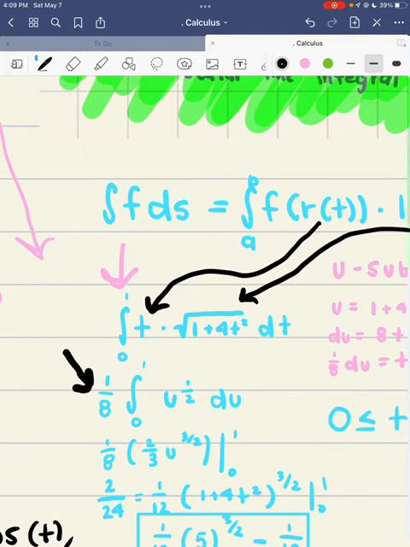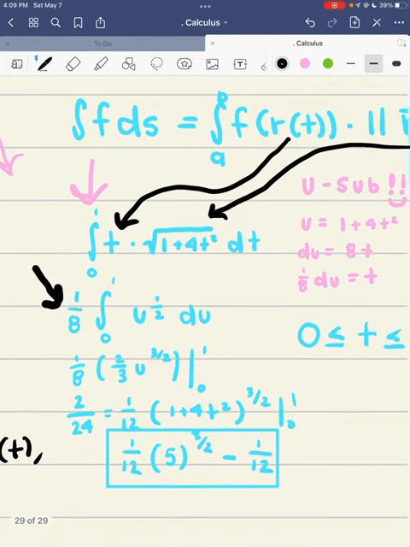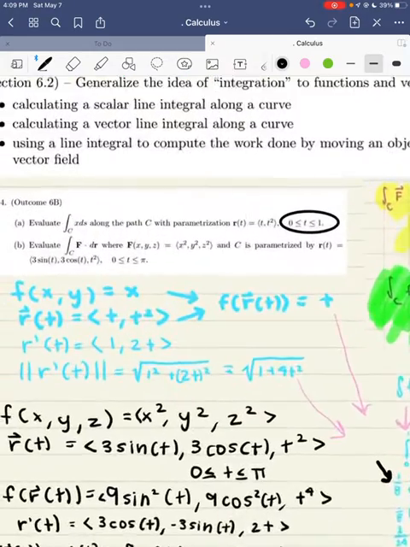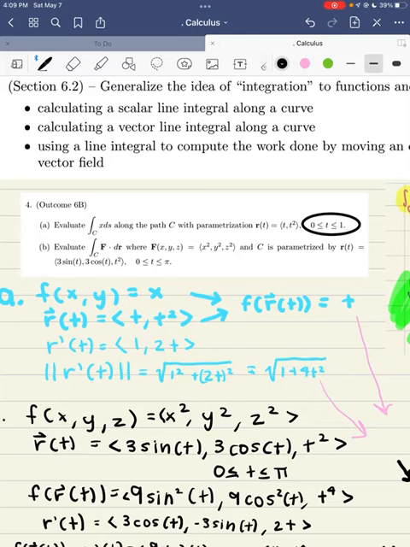Sorry about that. And then I just did that antiderivative, and I ended up getting 1/12 times 5 to the 3/2 minus 1/2.